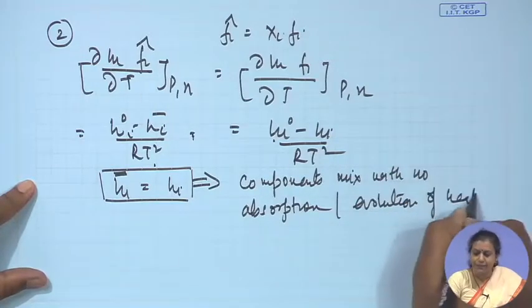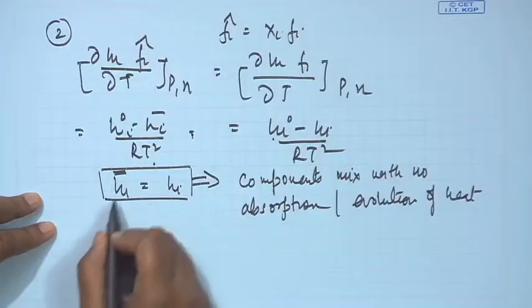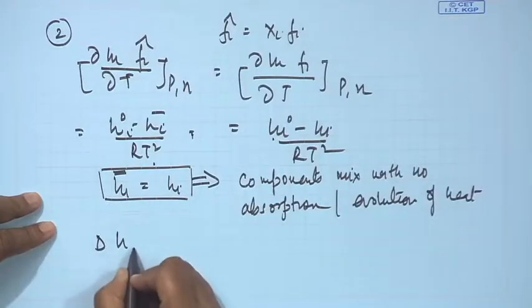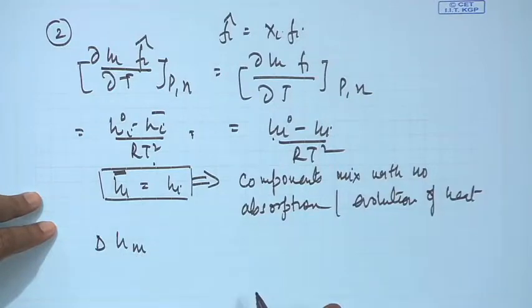And that is quite expected. Why? Because I have already mentioned that this is applicable when the interactions between unlike and like molecules are the same, which automatically implies that when they are mixing, there is no extra energy added or evolved during this process.